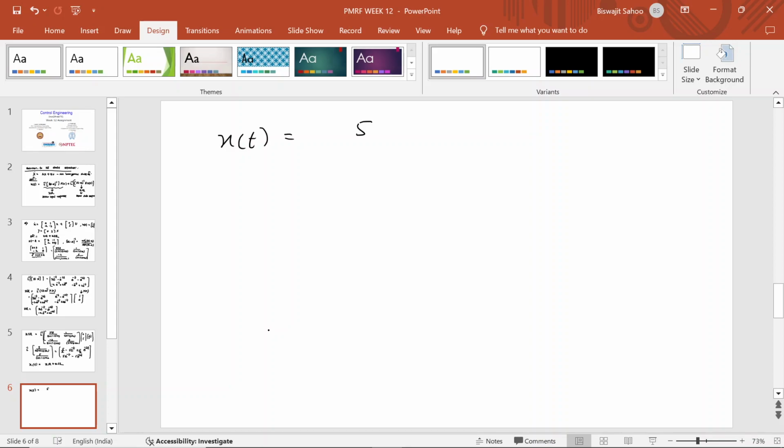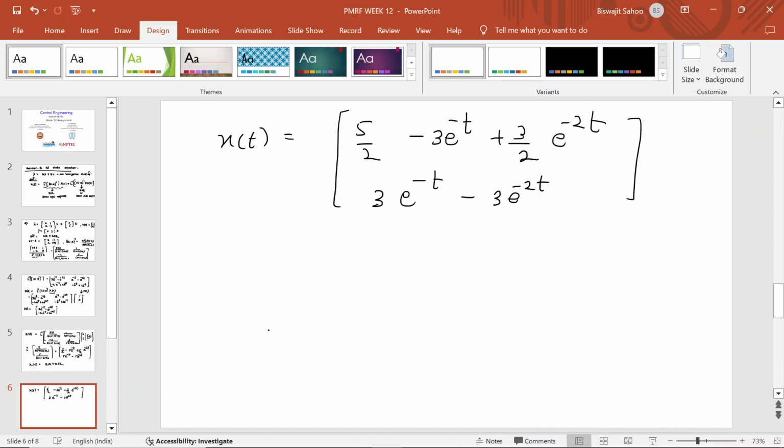Can anybody please tell me? 5 by 2, okay, 5 by 2 is there, minus 3 into e to the minus t plus 3 by 2 e to the minus 2t. And the second term will be this one. This is your x of t.